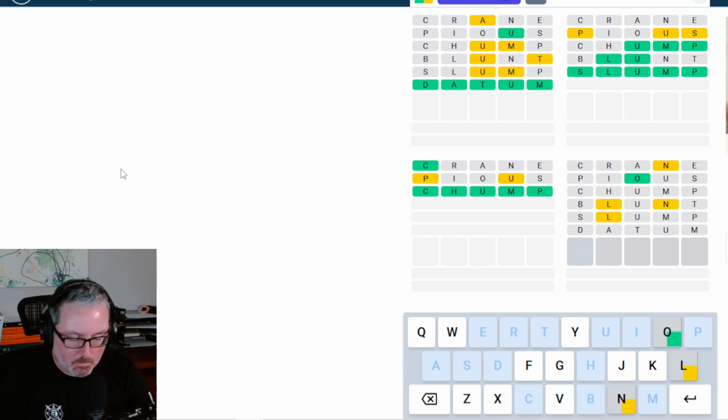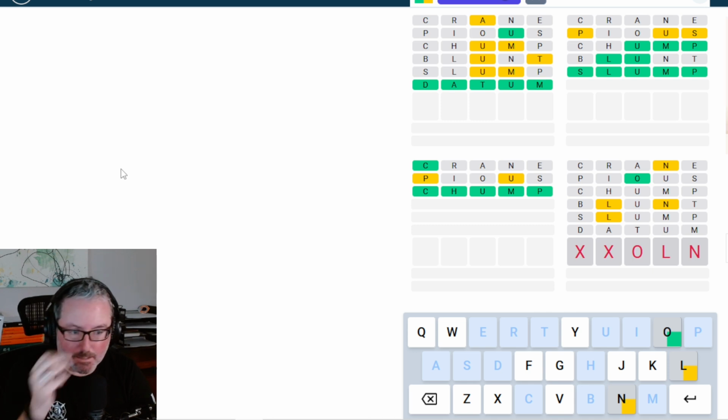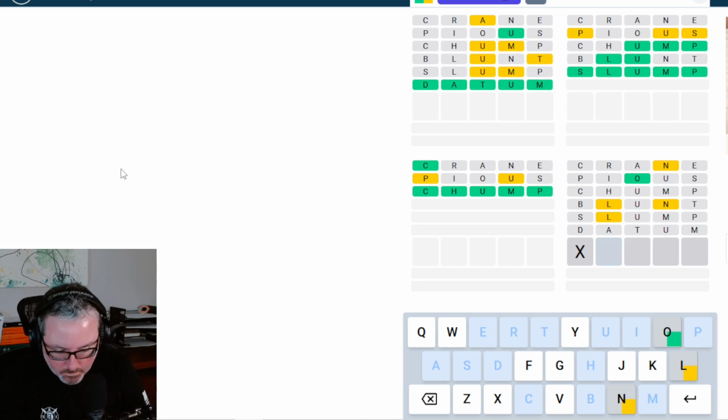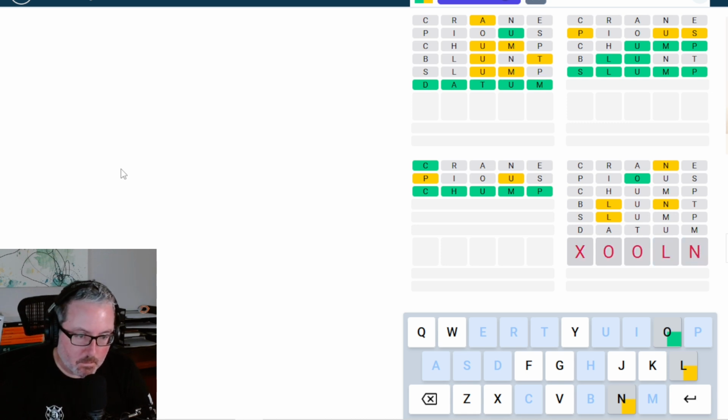So if that doesn't work, could it be something like O-L-N? Again, I cannot see a double consonant working at what we've got in the beginning. So it would have to be more like this.